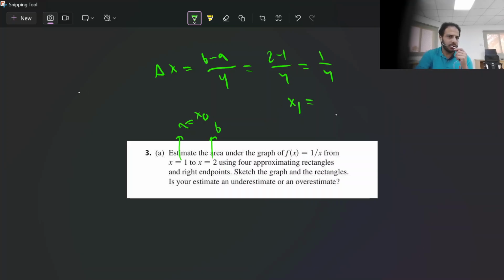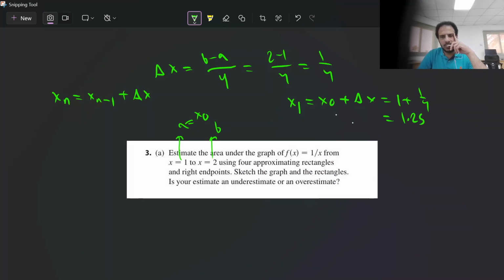In general, let me show you: xn equals x(n minus 1) plus delta x, okay? So here, x1 equals x0 plus delta x. What is x0? 1, right? Delta x is 1 over 4. So 1 plus 1 over 4, you get 1.25.